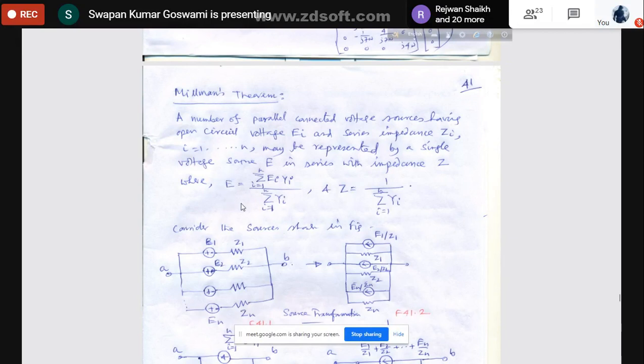It is equal to summation Ei Yi, i from 1 to n over all the n sources that are in parallel, divided by summation of Yi, Yi being the series admittance of the source. And Z is obviously equal to 1 upon the sum of admittances of all the sources. So this is Millman's theorem.